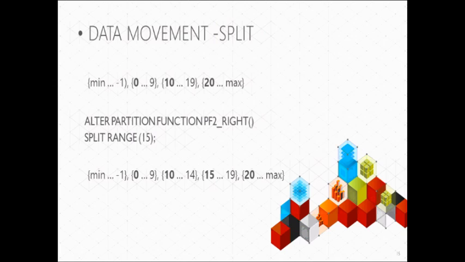So in this example, inserting the boundary value 15 will move any data with values from 15 to 19 into the new partition 4, and the 20 partition becomes partition 5 for the split operation.